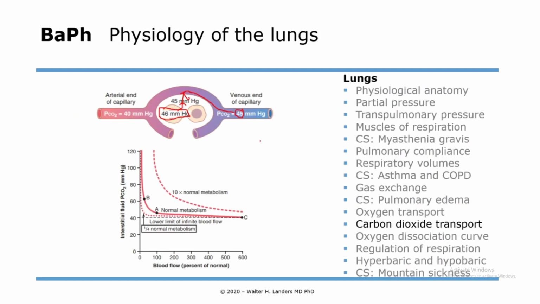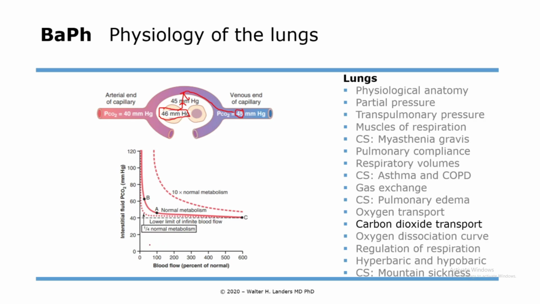Because you always want a lot of oxygen, but you do not need to get rid of too much carbon dioxide, because carbon dioxide has multiple functions in the body, because it also helps with keeping the acid level of your blood in check.